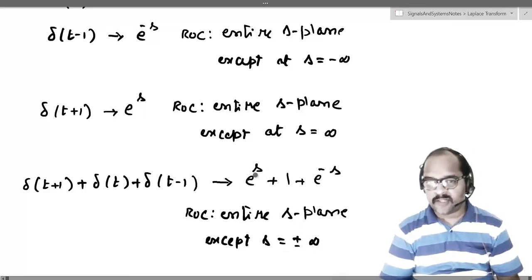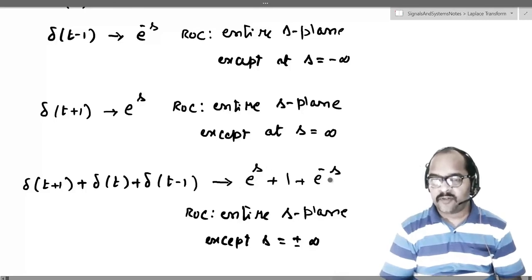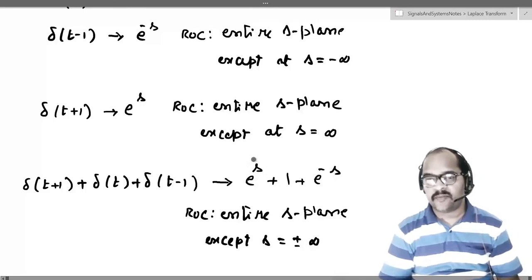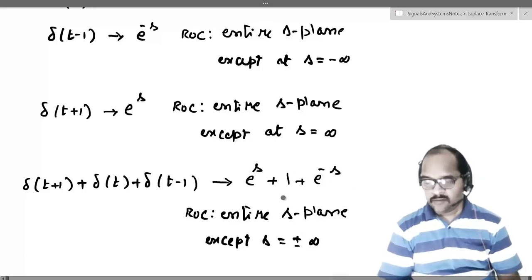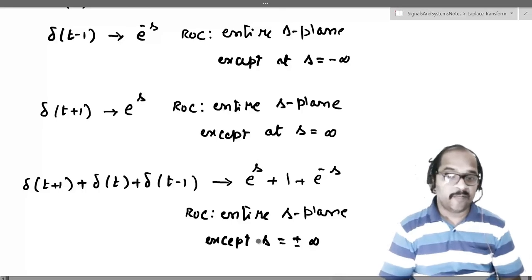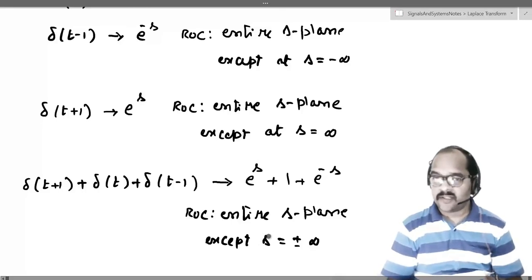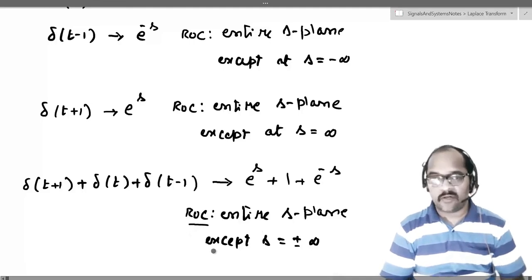Why? If you substitute s with infinity, the first term becomes infinite, and the second becomes 0. If you replace s with minus infinity, the first term becomes 0, but the third becomes infinite. The Laplace transform diverges, and that should not happen. We are talking about region of convergence, not divergence.